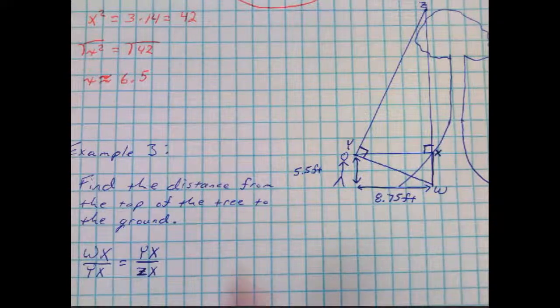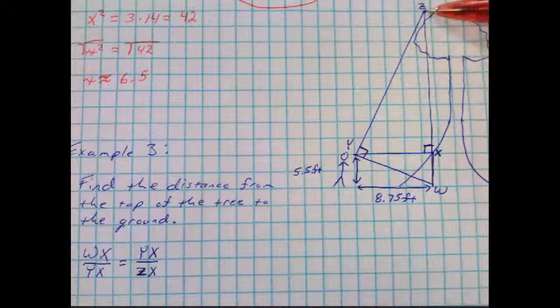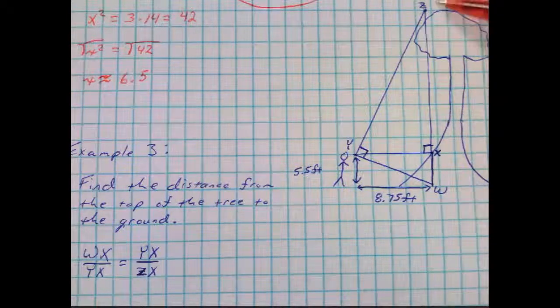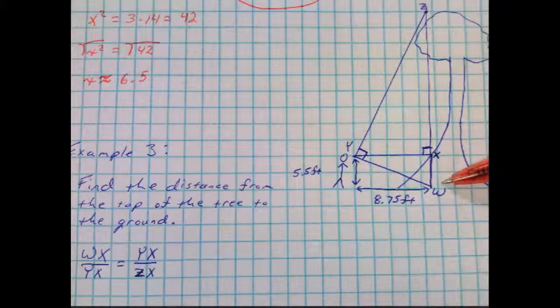Okay, so we're going to find the distance from the very top of the tree all the way to the ground, and that is WZ.